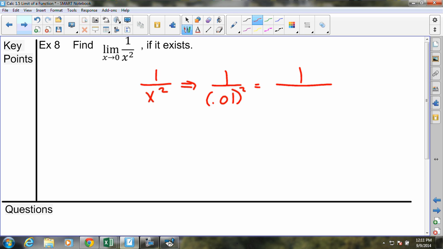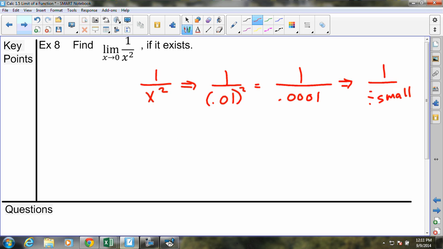Well, 0.01 squared is 0.0001. What happens when you divide by a really small number? It starts getting big.